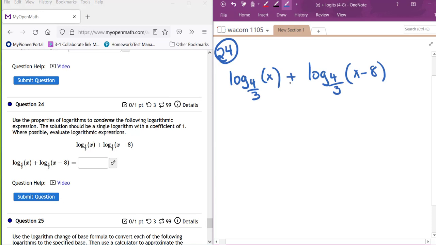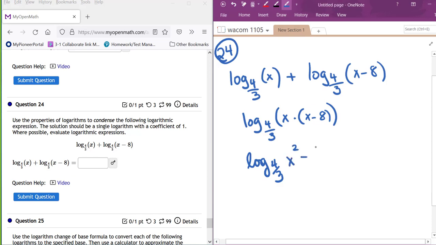We don't have any exponents, so it should be the log of a product, which would be x times x minus 8. I don't know if it would take that answer or not. You could leave the dot out. I think it wanted you to multiply, but we'll check it.